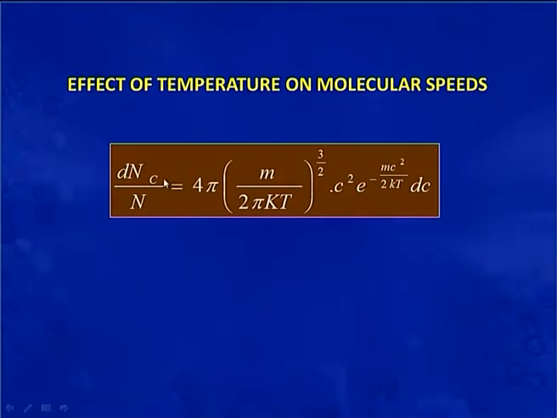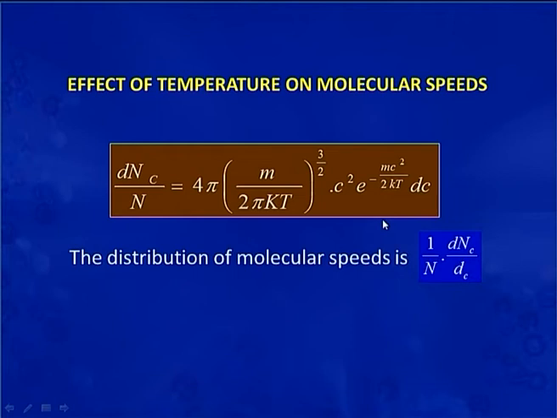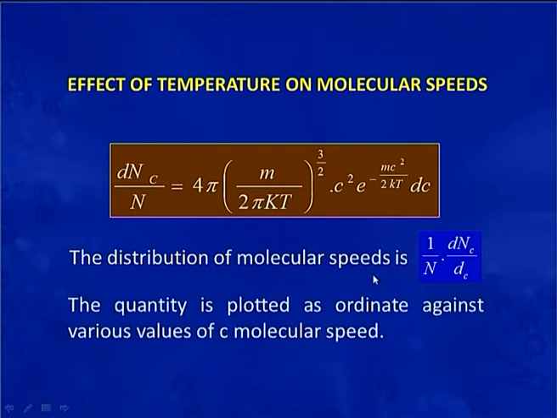The Maxwell distribution equation is dNc by N is equal to 4 pi times m by 2 pi kT to the power 3 by 2 into c square e to the power minus mc square by 2 kT into dc. So, the distribution of molecular speed is 1 by N into dN by dc. This quantity is plotted as ordinate against various values of c, that is molecular speed.